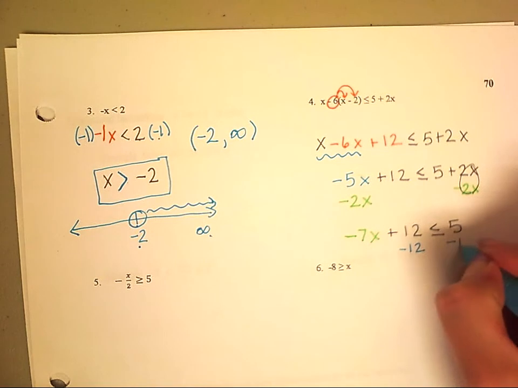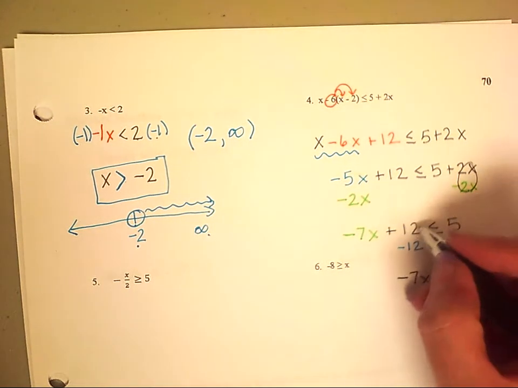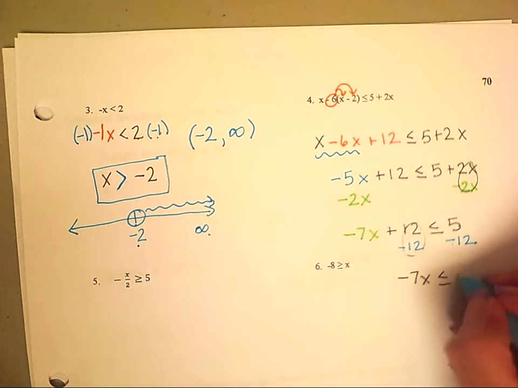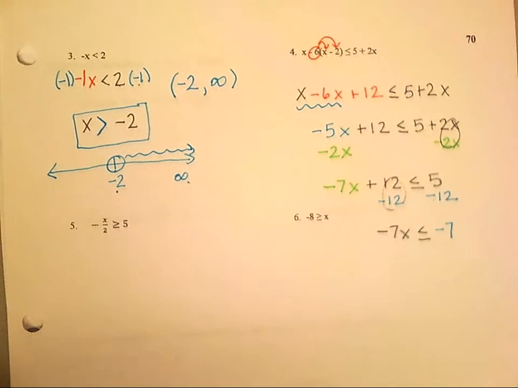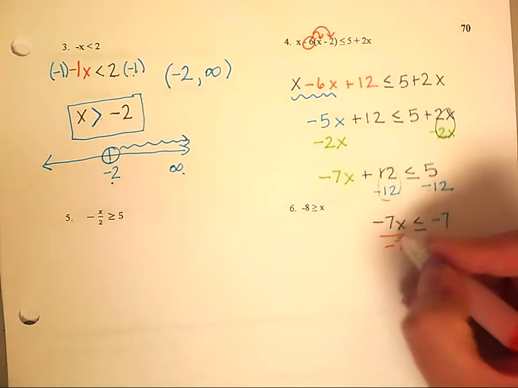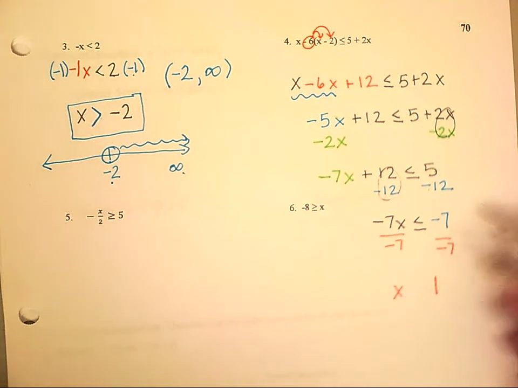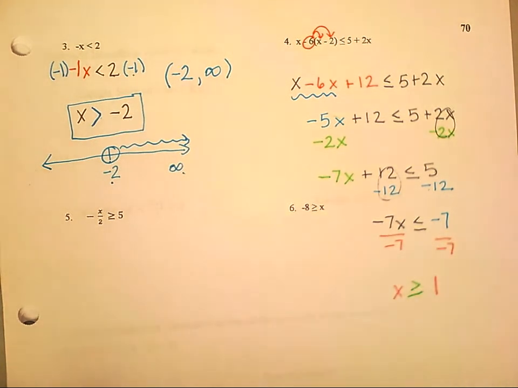Now if we subtract 12 from both sides, we have -7x, less than or equal to 5 minus 12, which is -7. And now we can divide through by -7. So we'll get simply x, and over here we'll have +1. But we have to remember, I divided by a negative, so I must flip the sign.